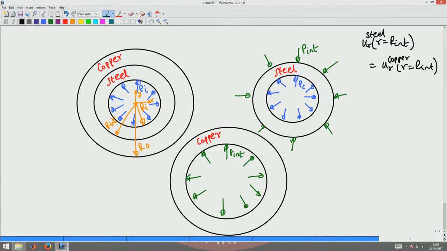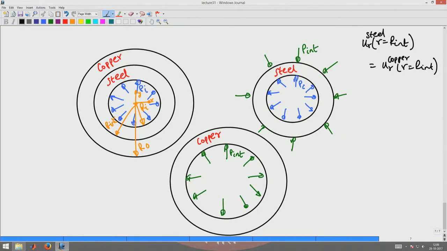That is because it is a perfect bonding between steel and copper, and there is no possibility of steel penetrating copper or steel opening up from the copper bonding. So, you have to have this condition that u of r of steel and copper has to be the same.